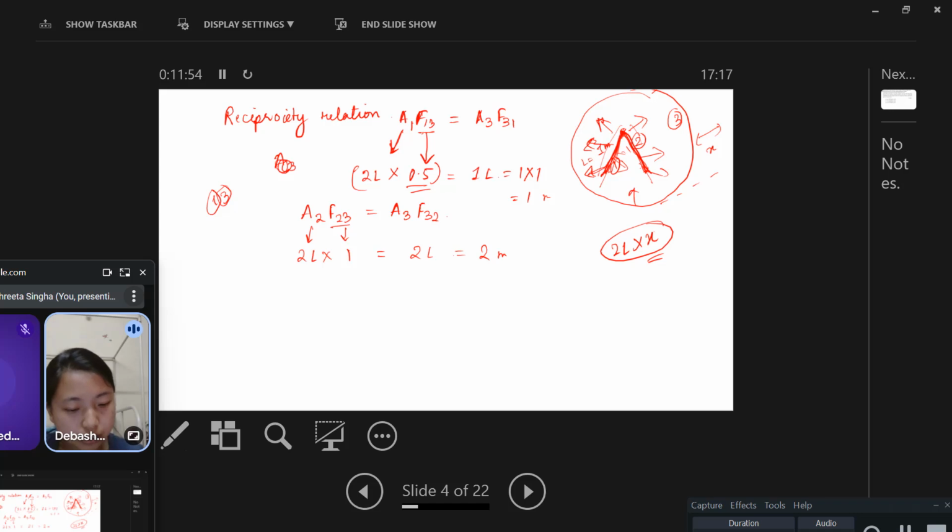Okay, so now the net heat radiation to the V part is given by Q net.